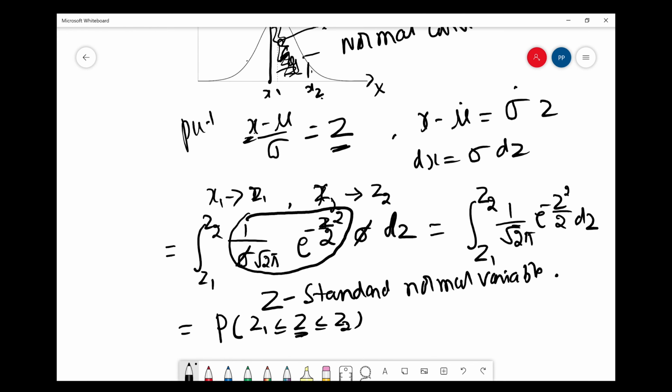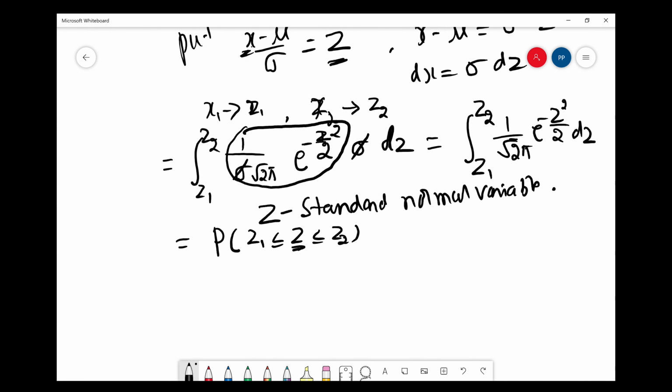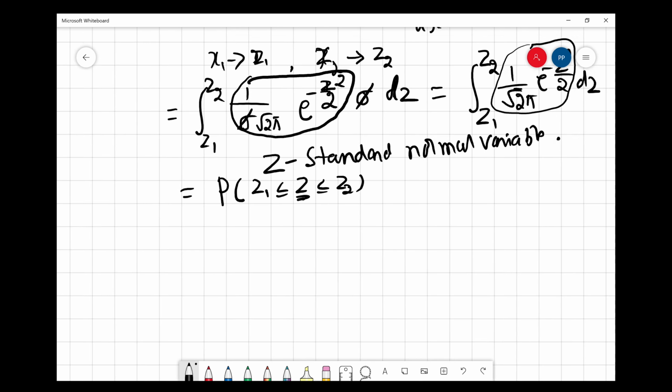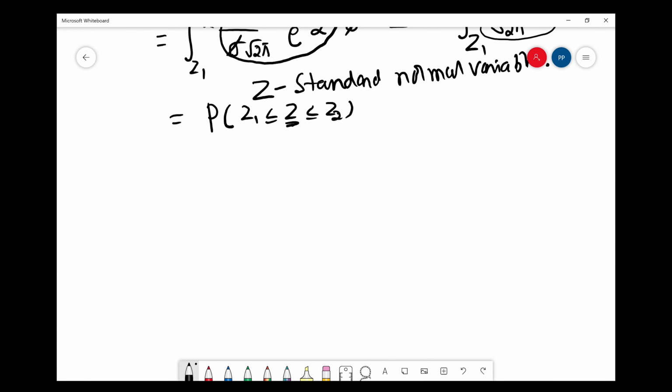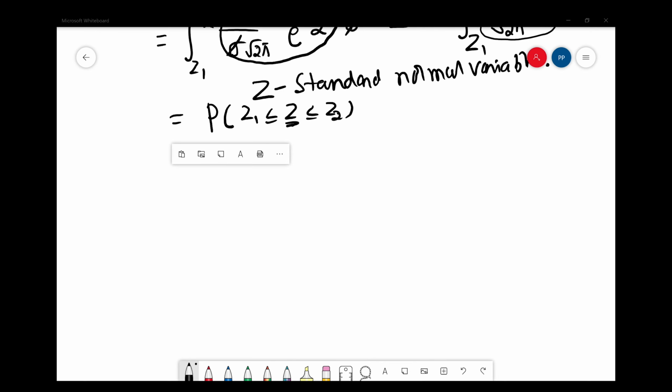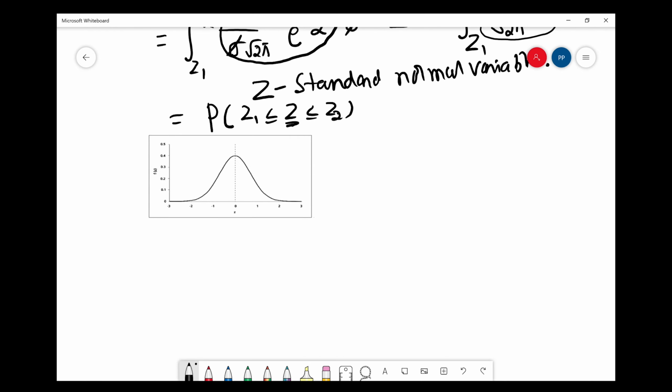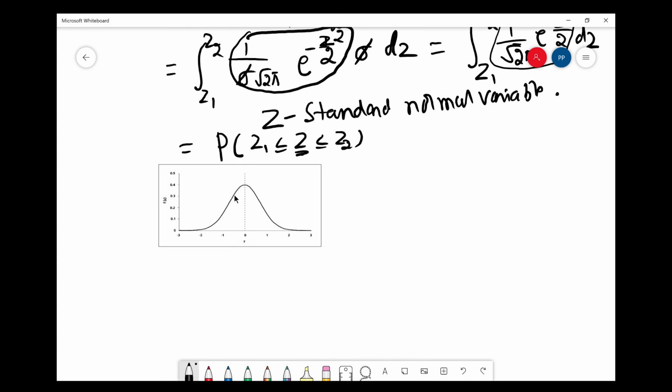Now, the graph of this function gives you the standard normal curve, which looks like this. The standard normal distribution curve is exactly this one, where this is the z-axis and this is the n of z axis, or f of z.